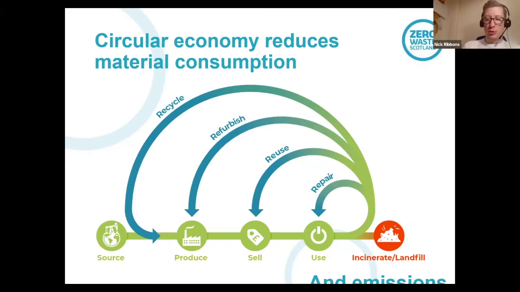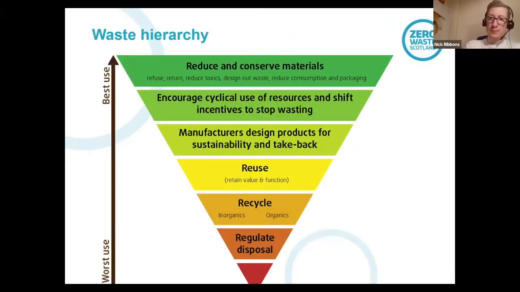And as well, it's about shortening those supply chain links. It all ties into the good old waste hierarchy introduced in the EU Waste Framework Directive, where it's basically best use to worst use, or most preferable to least preferable.